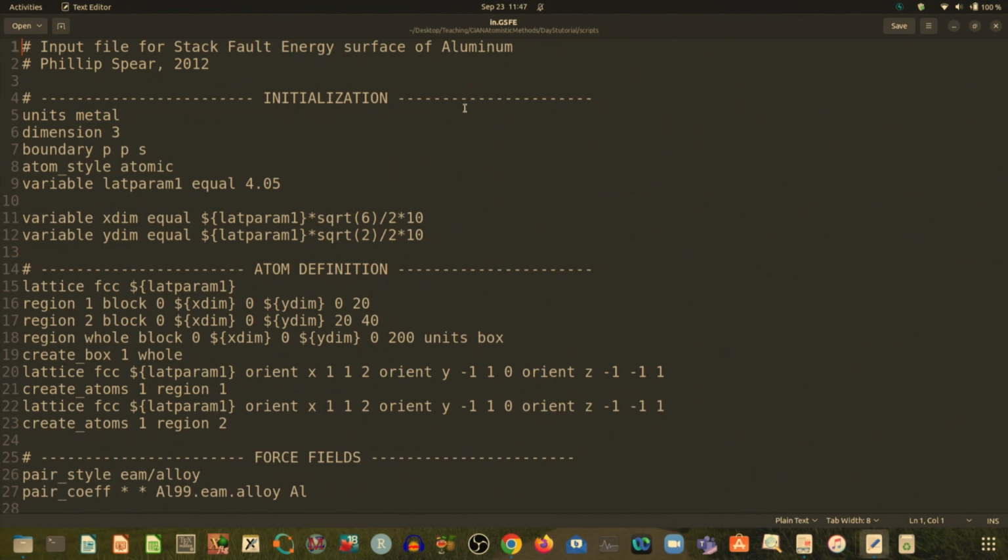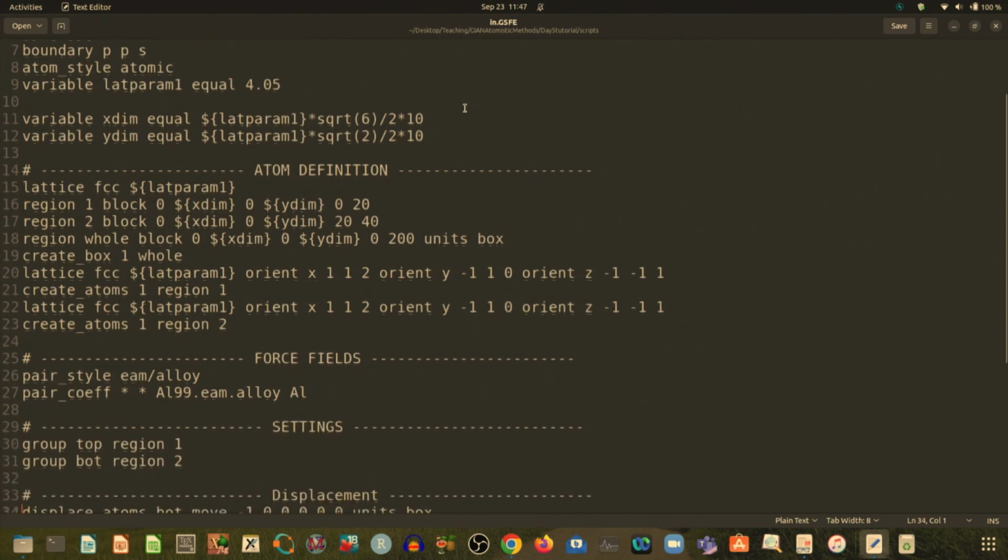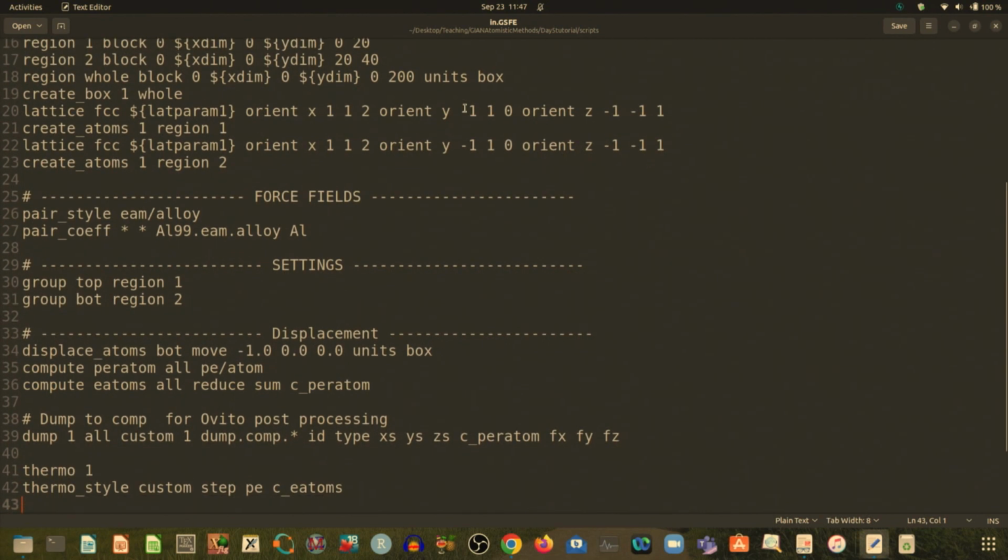Okay. So, this is the stacking fault energy for aluminum, and now you know, like I said, this is the boundary, periodic, and the atom definition and the force field is aluminum, and then you make two regions, top and bottom, and you start moving.